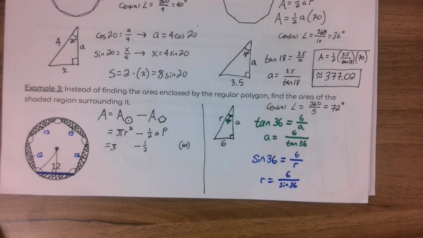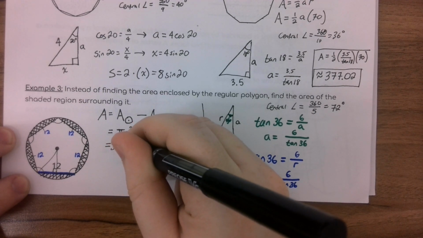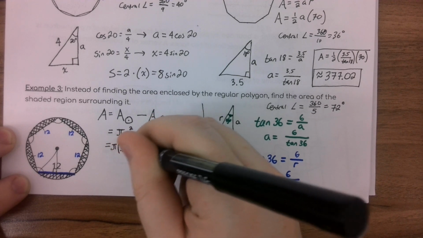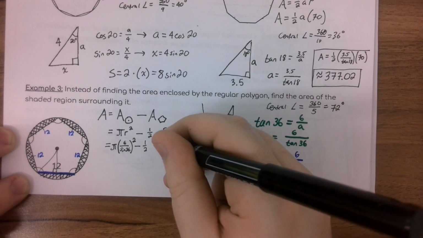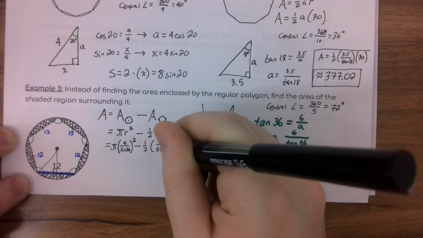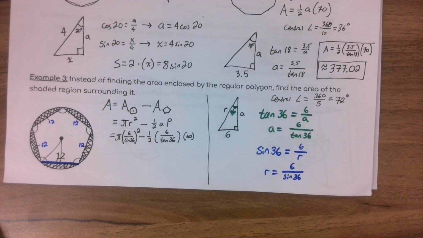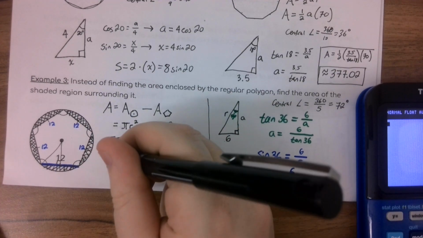We've just found the only two missing pieces in our equation. We found that our radius is 6 over the sine of 36. Just don't forget that it's squared according to our formula. And our apothem ended up being 6 over the tangent of 36. So this long chain of numbers is our formula for the area of the shaded region. It's the area outside of the pentagon.